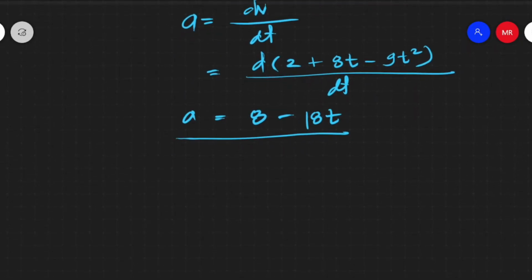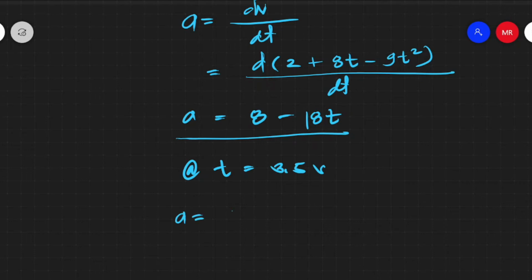To get the value of this acceleration, we just need to get the instantaneous acceleration at time equal to 3.5 seconds. To get the instantaneous acceleration, we just have to substitute this time into our acceleration function.